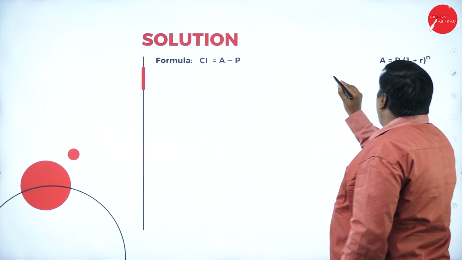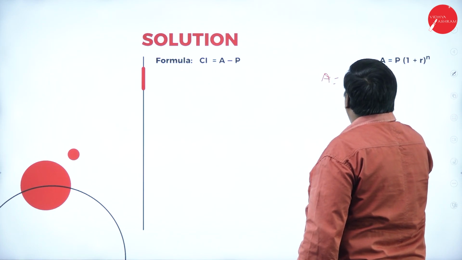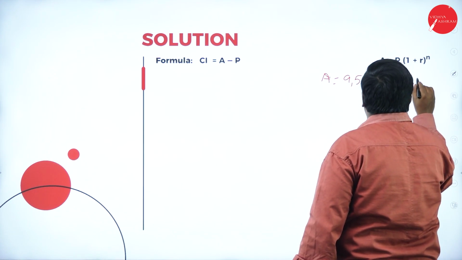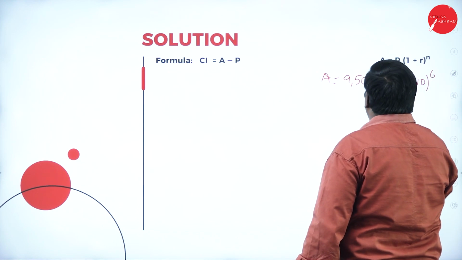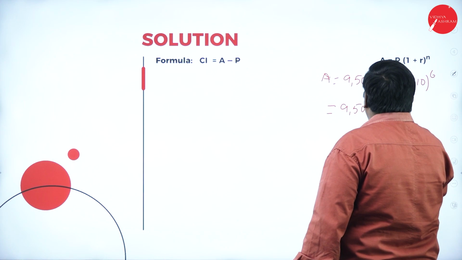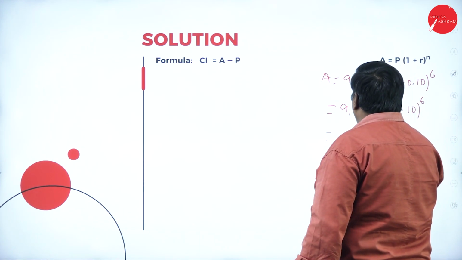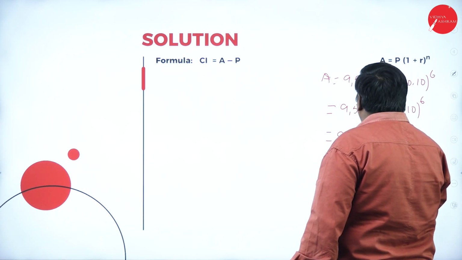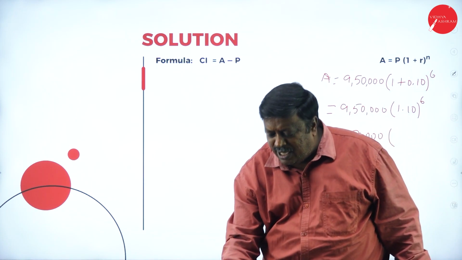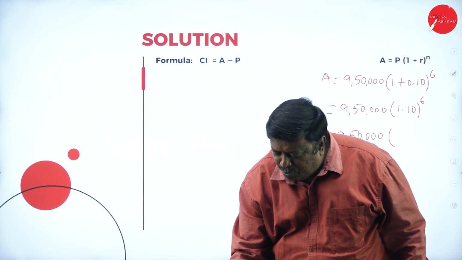So my annuity value for 9,50,000 into (1 plus 0.10) to the power of 6, that is 9,50,000 into 1.10 to the power of 6. 1.10 six times I have to multiply, 1.1 into 1.1.